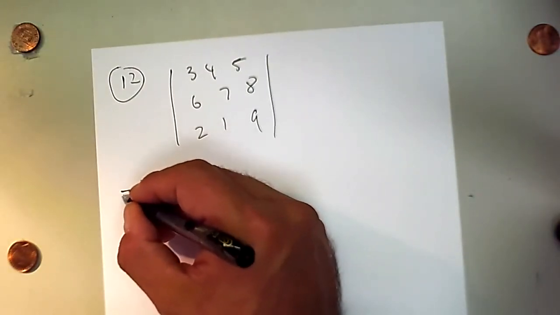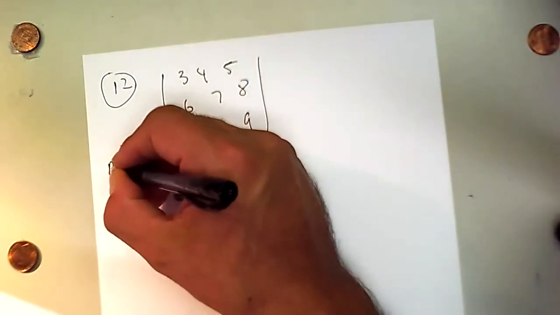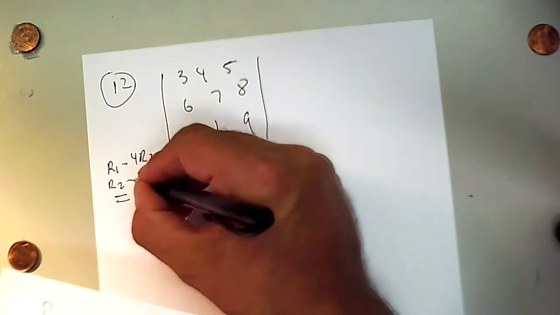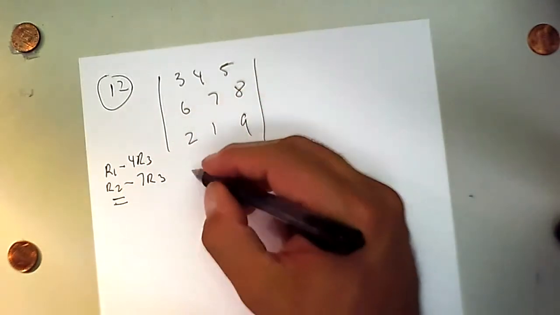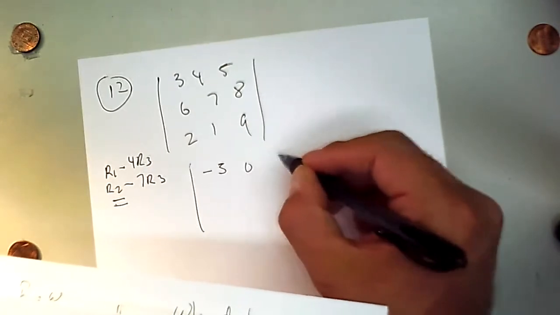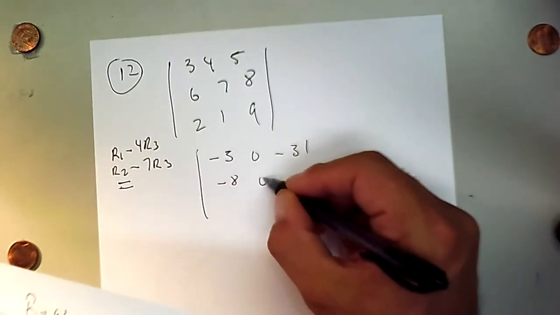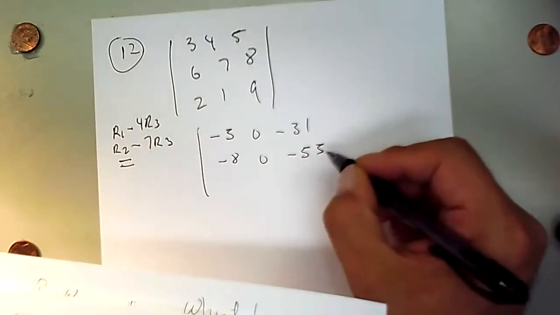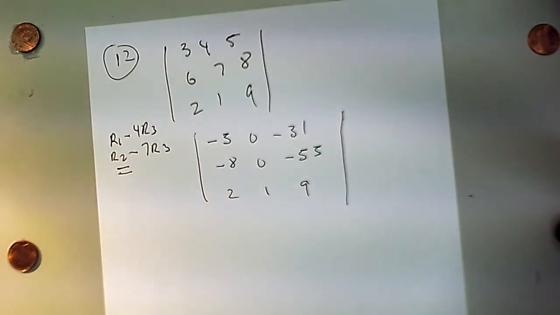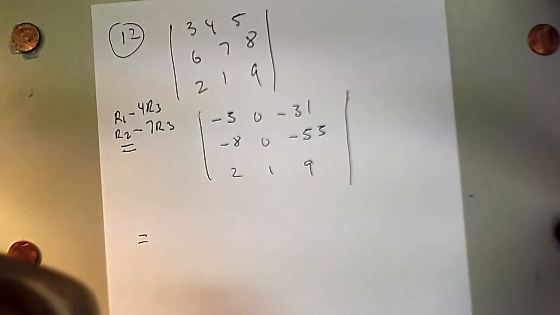And then the determinant is going to be unchanged after doing row 1 minus 4 times row 3 and row 2 minus 7 times row 3. And we're going to end up with, as we did, -5, 0, -31, -8, 0, -55, 219.